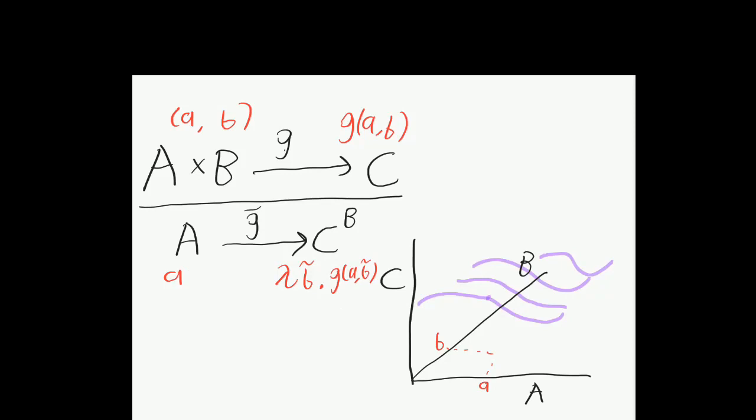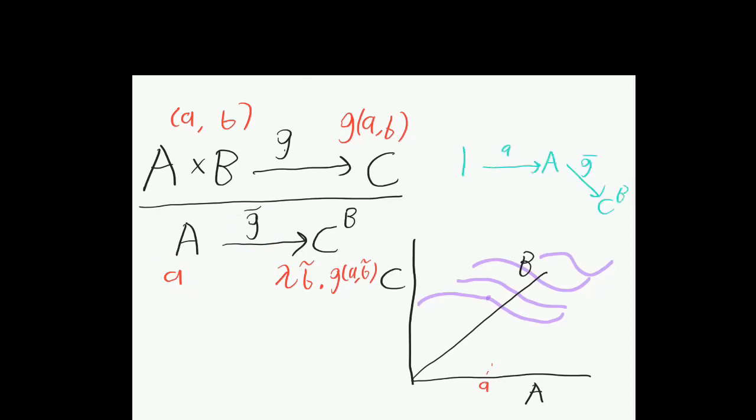So there's a very nice kind of geometric way to visualize what's going on here. So if we've selected a particular value of A, or if we're operating, say, G bar on a particular value of A, so think about, for example, this kind of diagram.